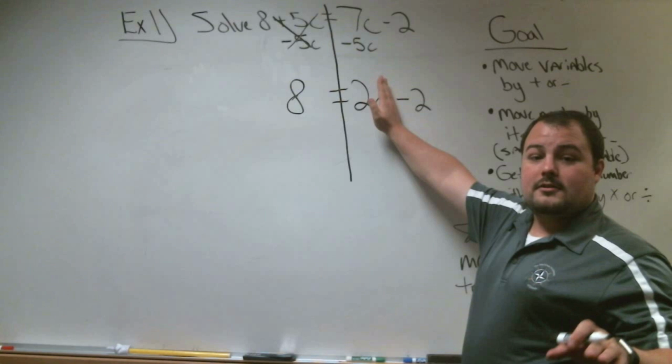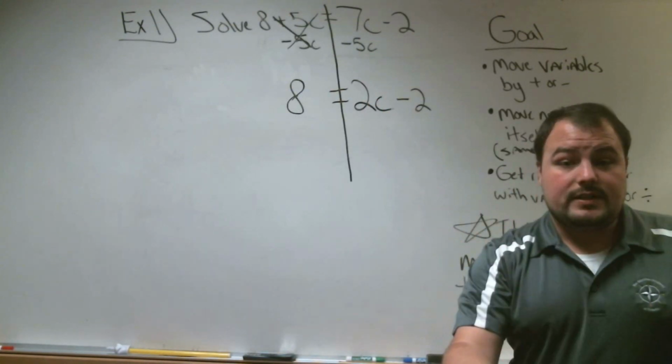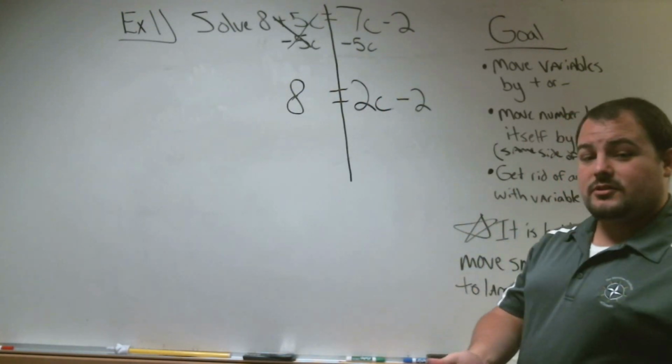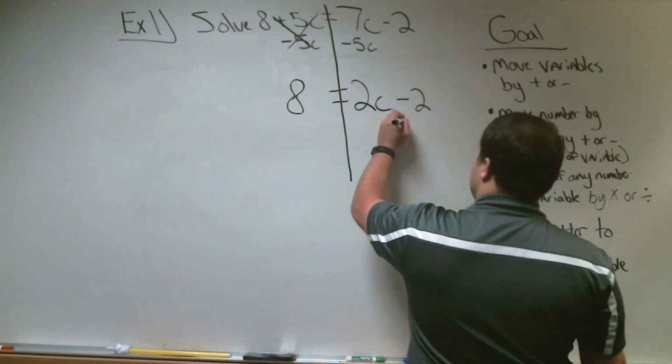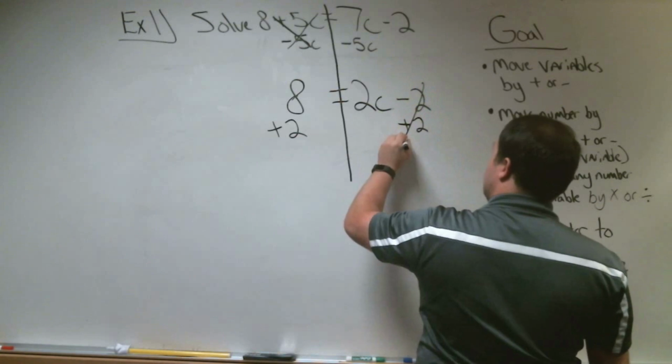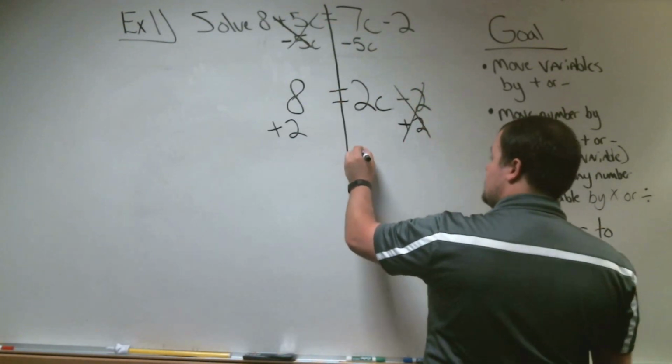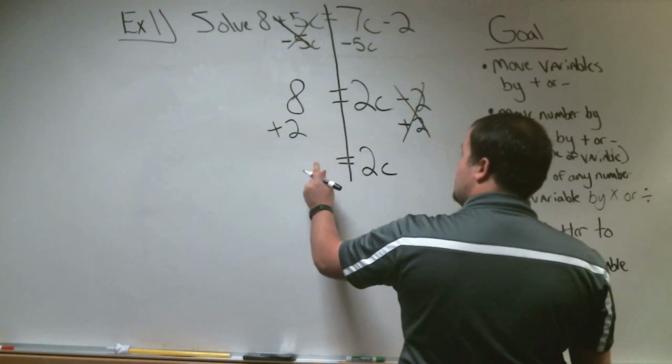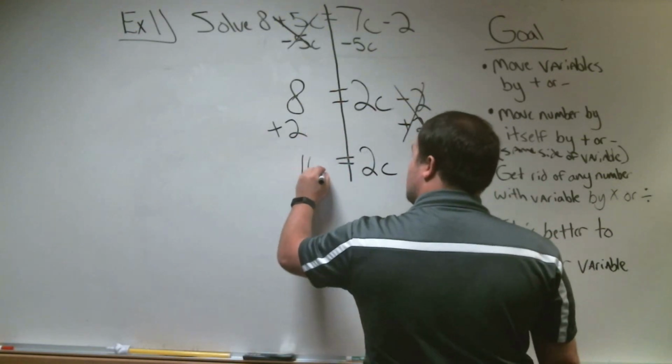If I cover up that c, that looks like negative 2. Well, to get rid of a negative 2 or a minus 2, I do the opposite. We're going to add 2. We're going to add 2. Negative 2 plus 2 is 0. So now we still have 2c equals 8 plus 2 is 10.